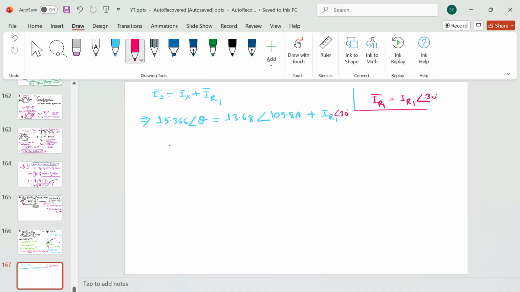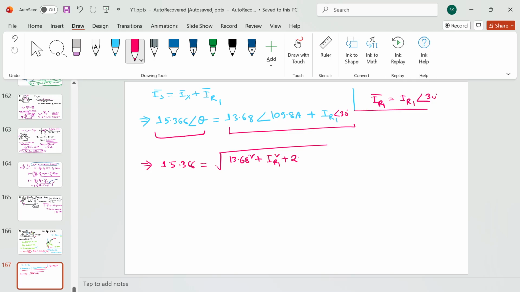So if you do this addition, and if you take only modulus, you will end up with 13.68 whole square plus IR1 whole square plus 2 into 13.68 into IR1 cos of 109.89 minus 30 degree, 79.89 degree.